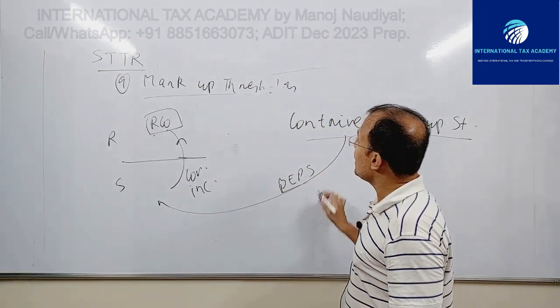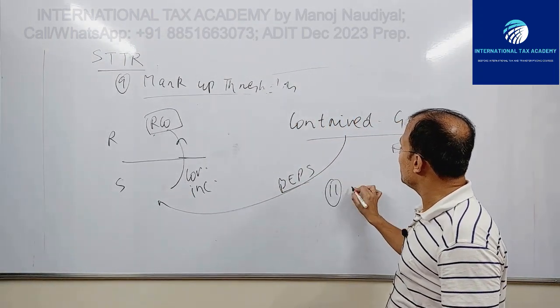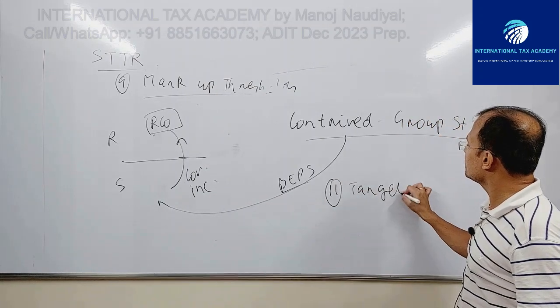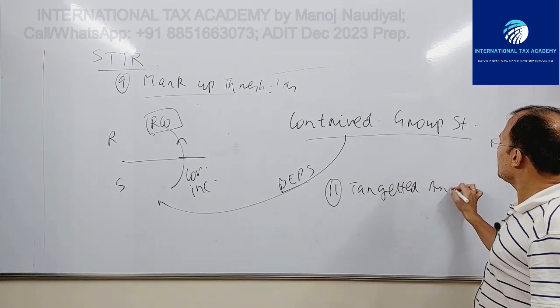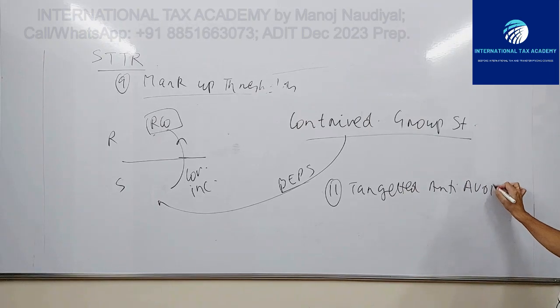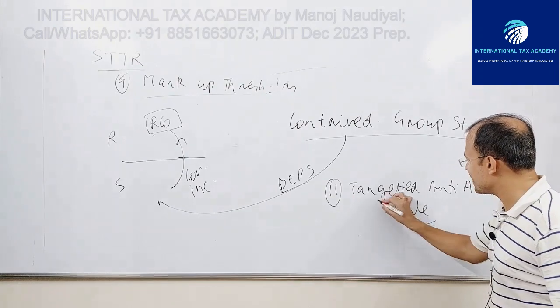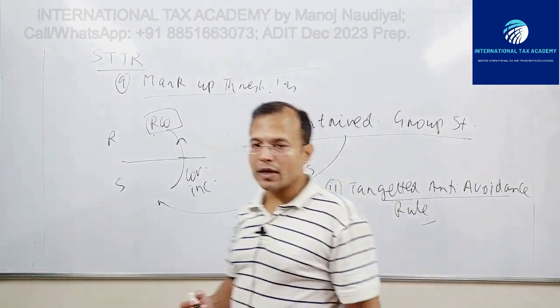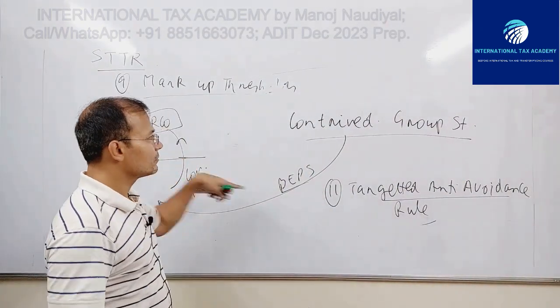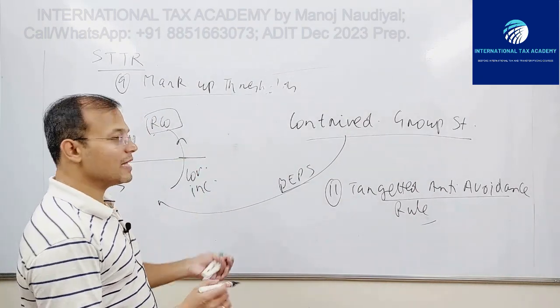So the targeted anti-avoidance rule under 11 is created to take care of any BEPS risk that might arise.